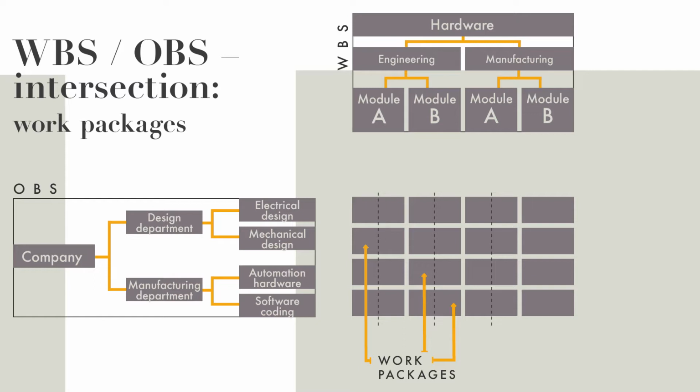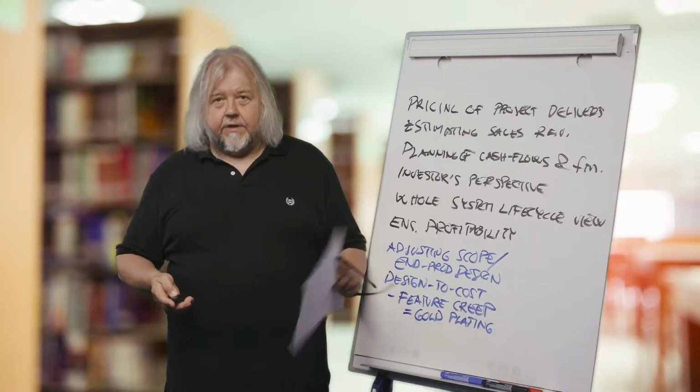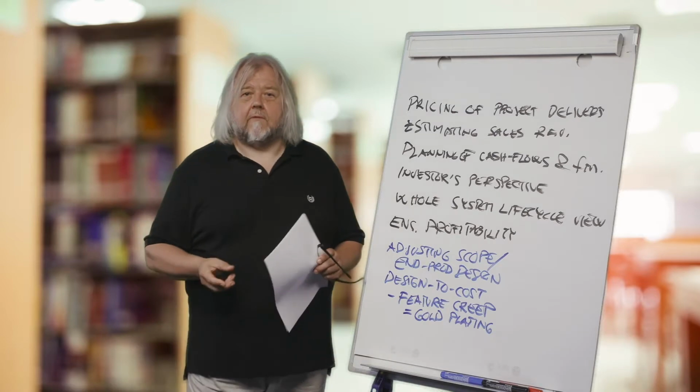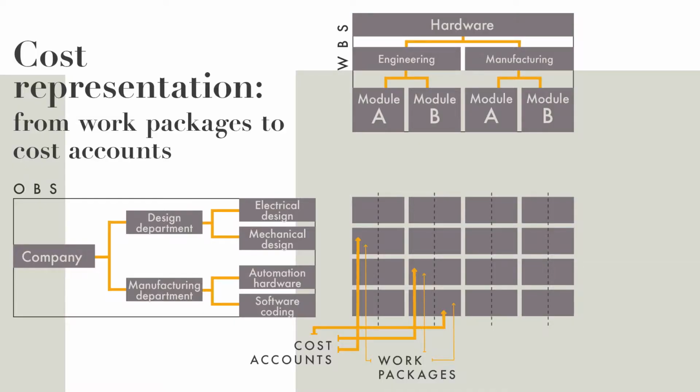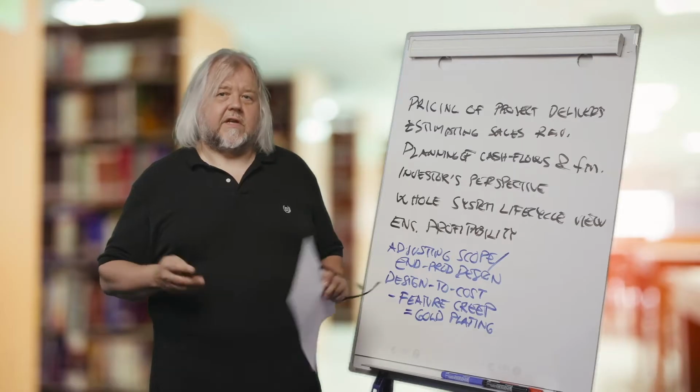And then we are familiar with organizational breakdown structure, OBS, which is a company organization. And in the intersection, there are work packages. When we are doing project cost management, we call these intersections cost accounts. We record costs there, and we are controlling and following costs that are connected to these intersections.